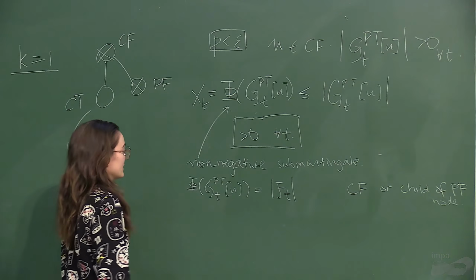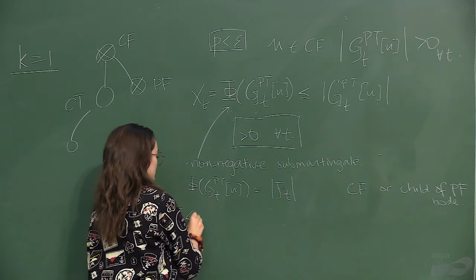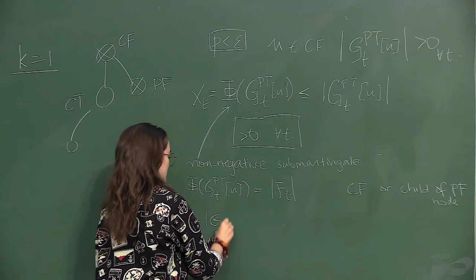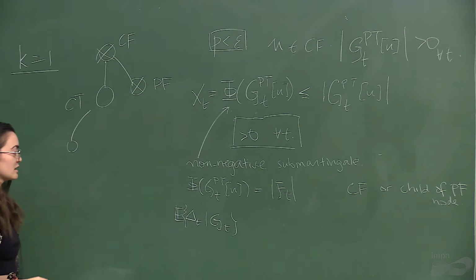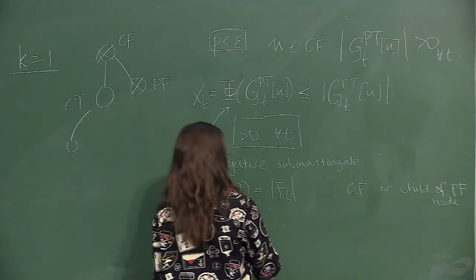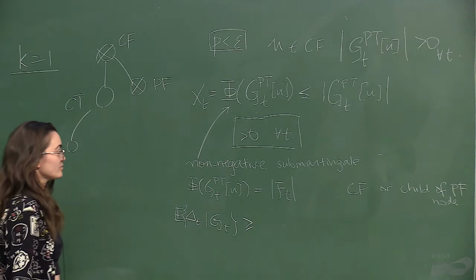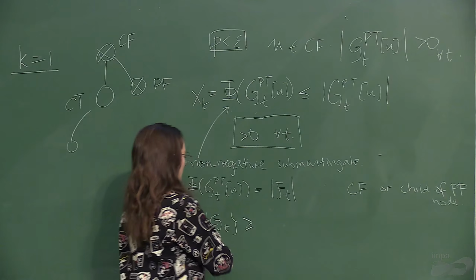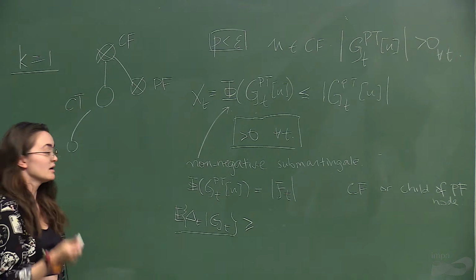Okay, and to show that it's a submartingale, essentially you just compute the expected change at time t as you go from t to t plus 1. Can you see down here? Okay, cool. And this essentially is upper bounded by, so you want to show that this is positive for all time, right?